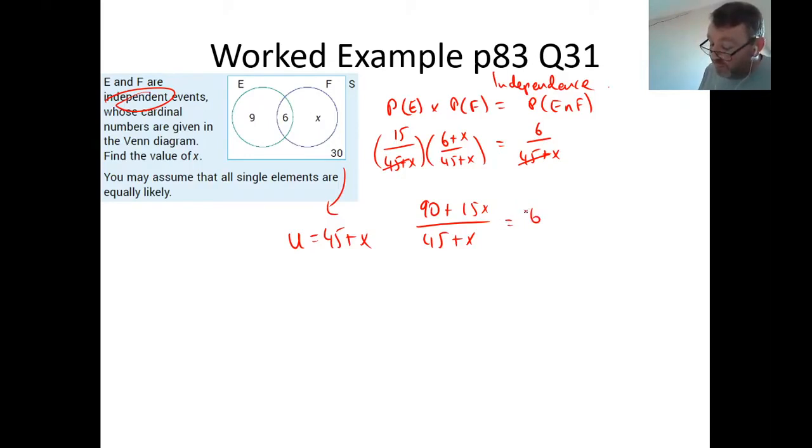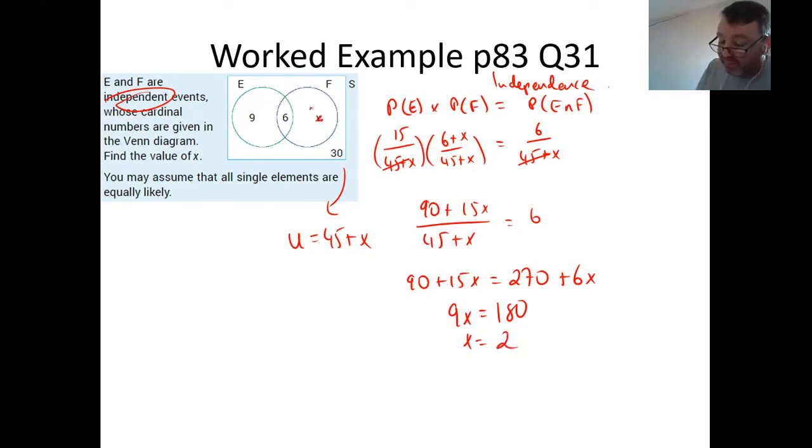All I've got to do now is multiply across by 45 plus x to clear the fraction. 90 plus 15x equals 6 fives are 30, 24, that's 270 plus 6x. 15x minus 6x is 9x equals 270 minus 90 is 180. So x must be 2.